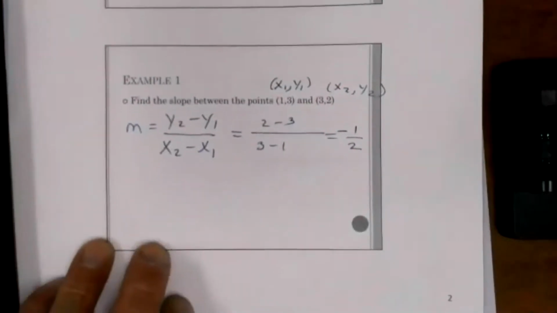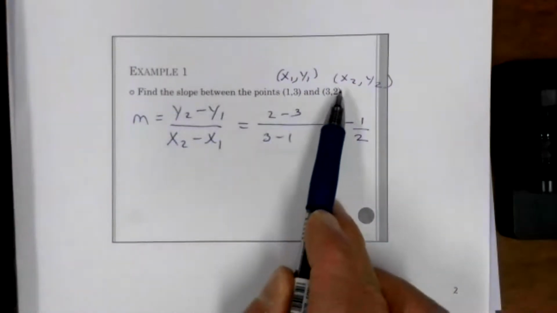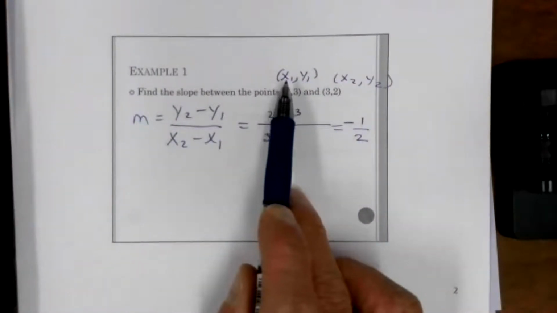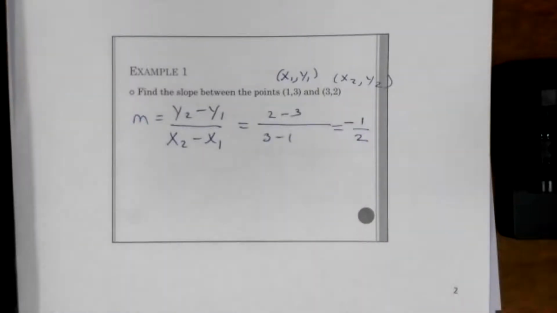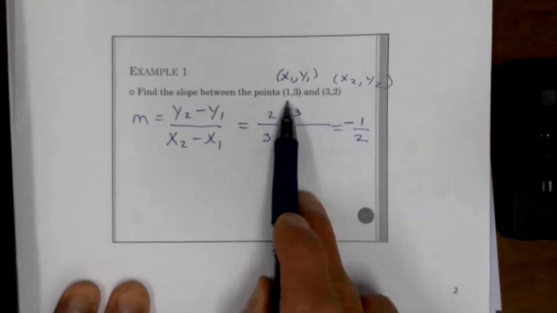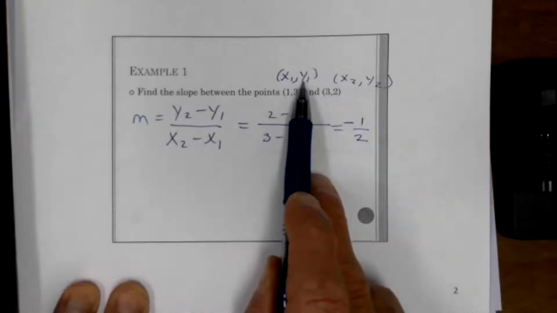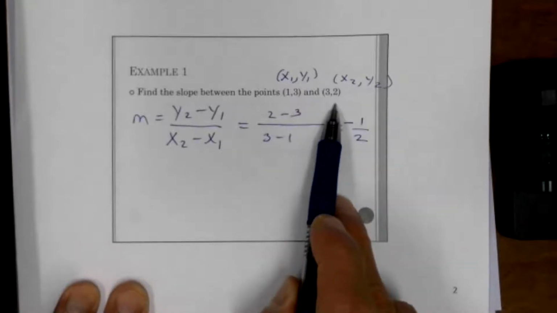So if we do that, your first point will be x1, y1, and then x2, y2. So x1 will be 1, y1 will be 3, x2 will be 3, and y2 will be 2.